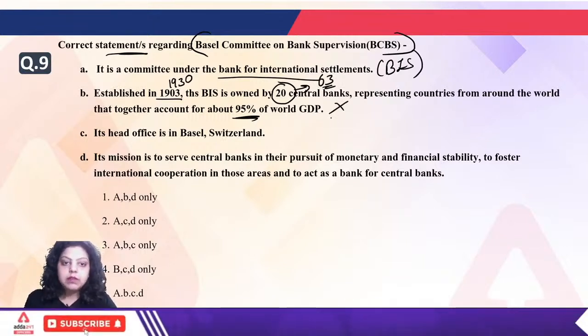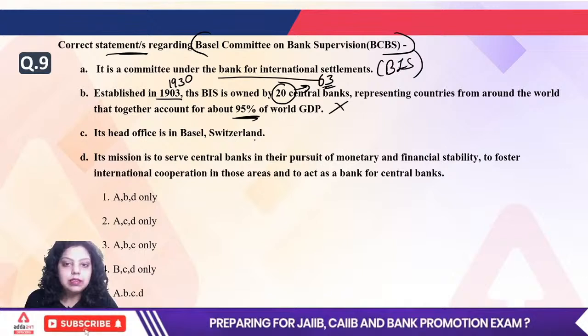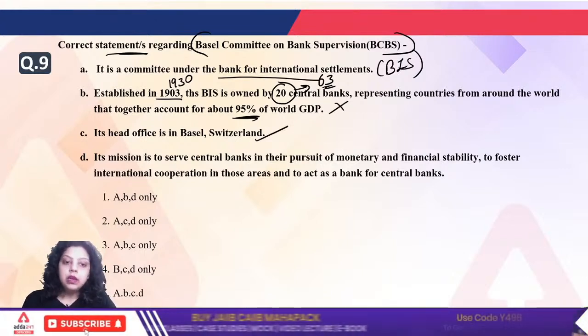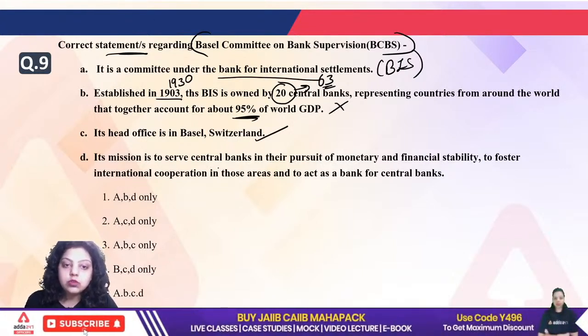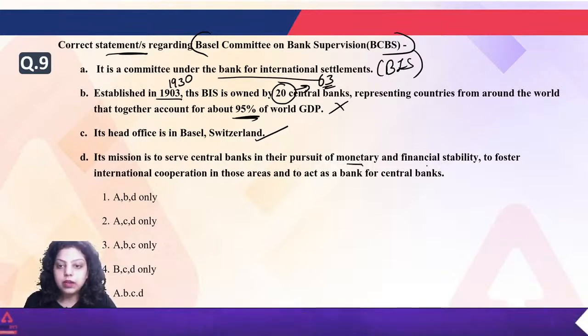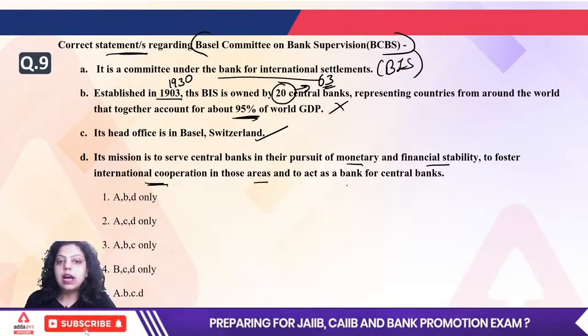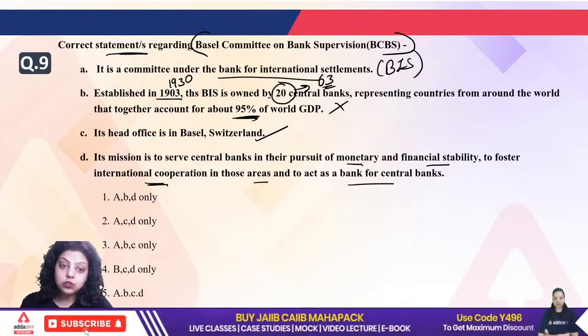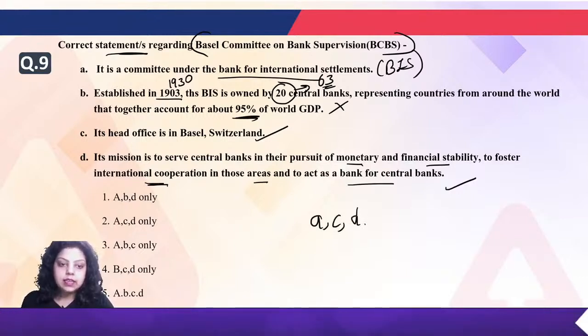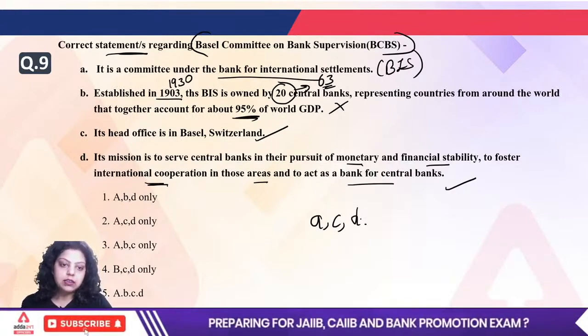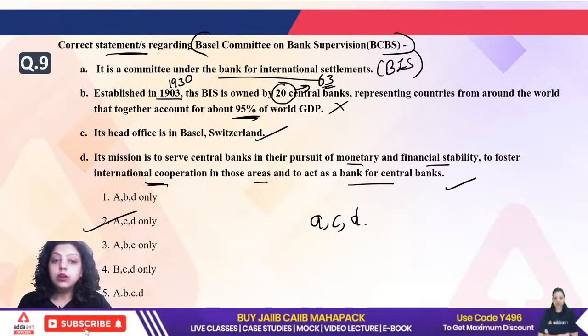And when we are talking about the third, the headquarters is in Basel, that is true. The third statement is true. When we are talking about its mission, to serve central banks in their pursuit of monetary and financial stability, to foster international cooperation in those areas, and to act as a bank for central banks, that is true. So the D option is also true. So A, C and D, these three statements are true, and the right answer will be your second option, not 5.